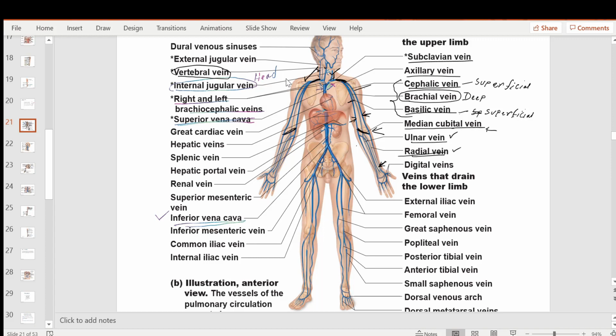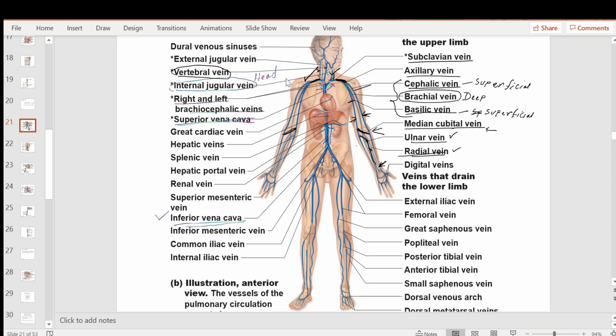Probably not. So this one here, you see a branch arises from the basilic, and this is the median antibrachial. I'll show you later. So just know that those are the veins in the forearm: radial and ulnar, as well as cephalic, basilic, and the median antibrachial vein.